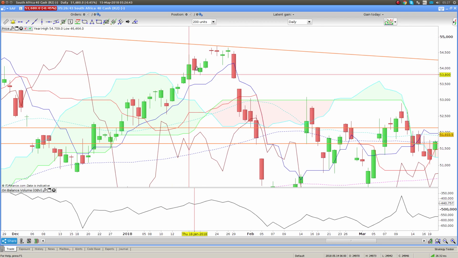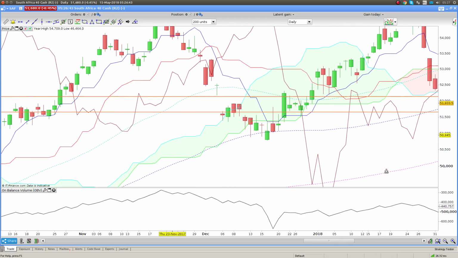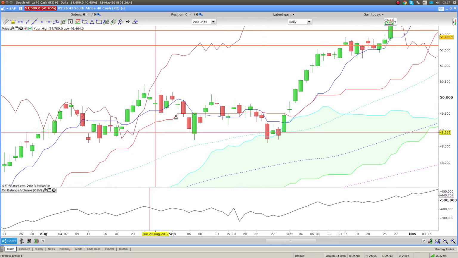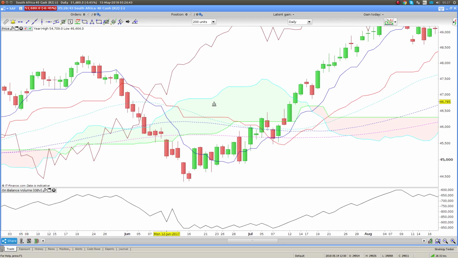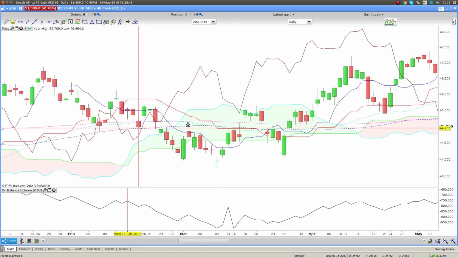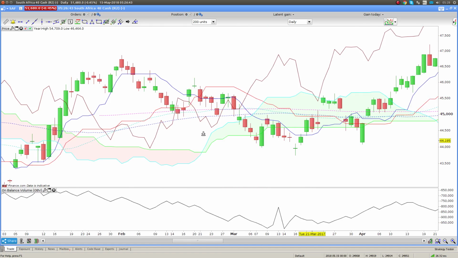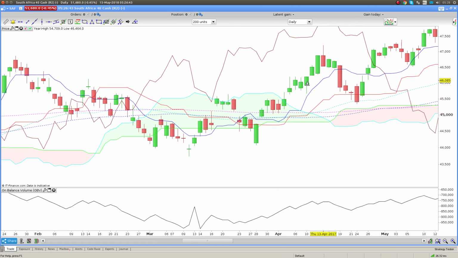You see here's the first breakthrough of the cloud, and we fell all the way back down. So what you're looking for, it was a classic setup here. We had a break through the cloud, came back, had another break through the cloud, came back to test.